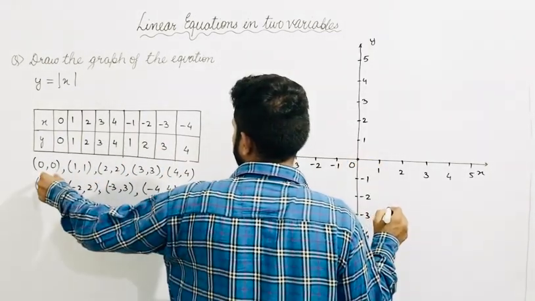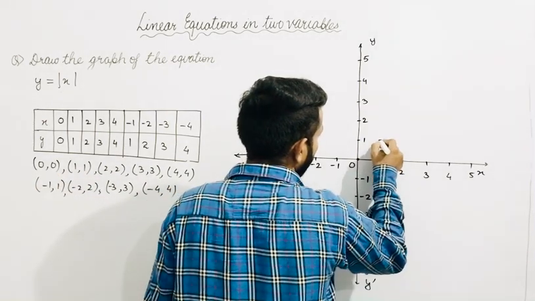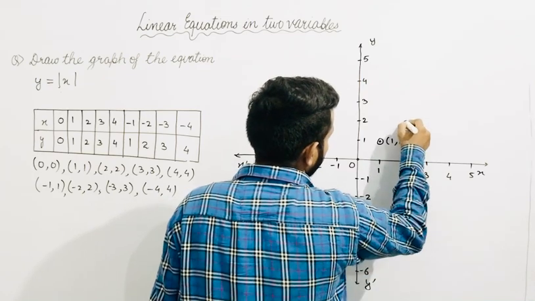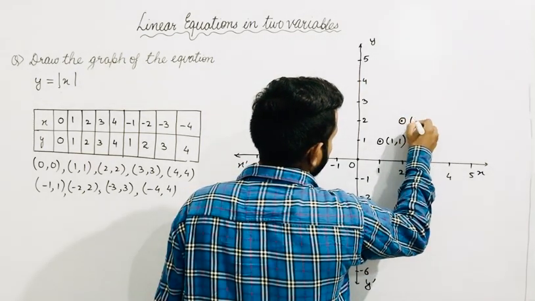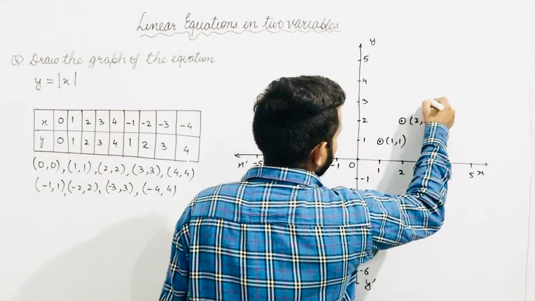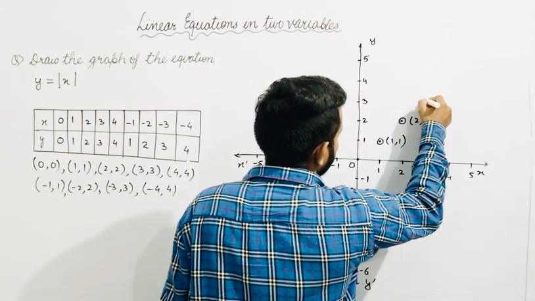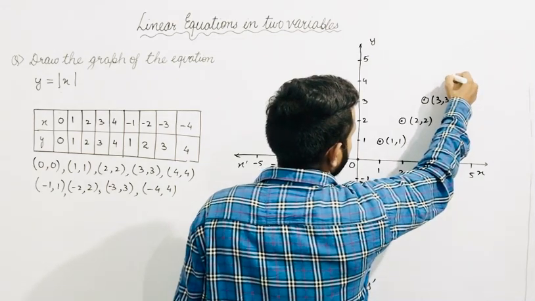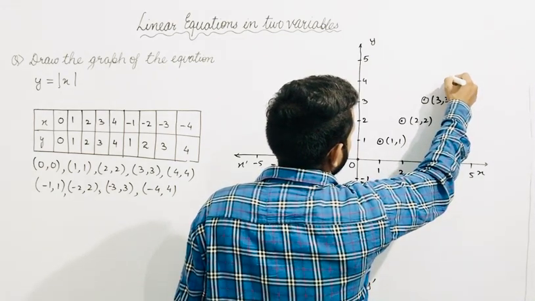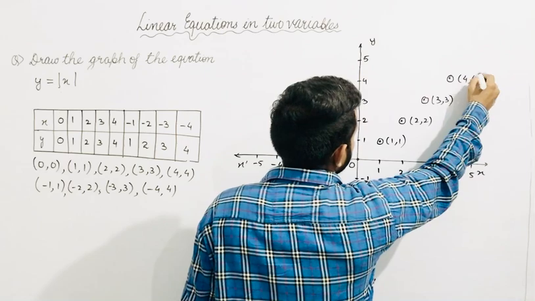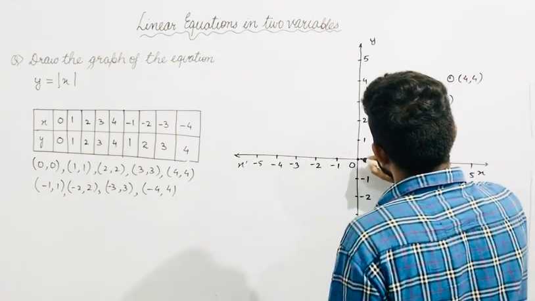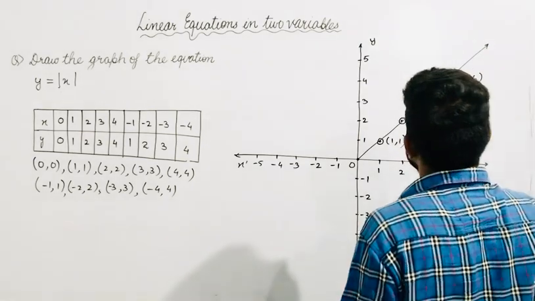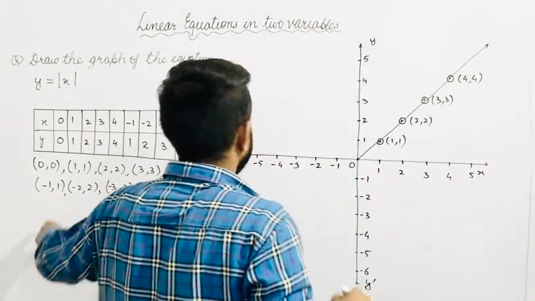0, 0. Next 1, 1. It is here. Now 2, 2. It is here. 3, 3. It is here. 4, 4. Join it. Next, minus 1, 1.